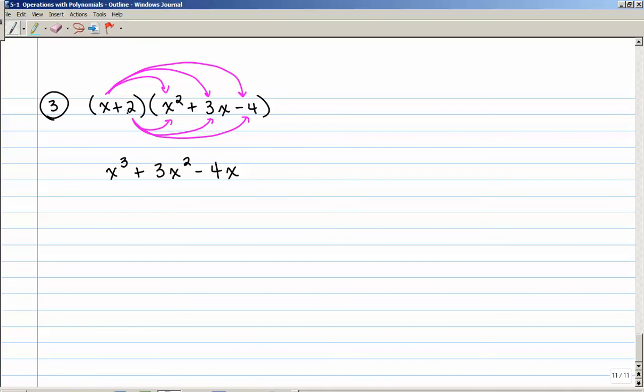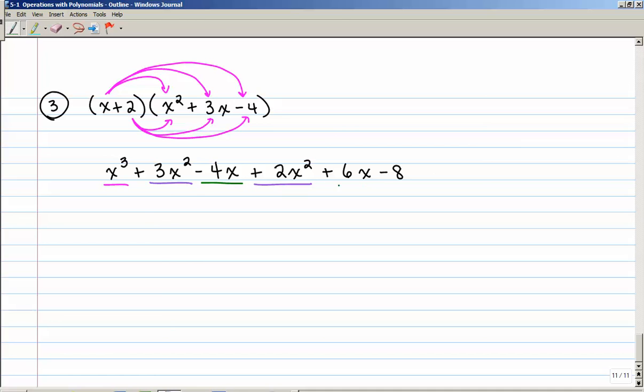Now let's distribute the 2. 2 times x squared gives me 2x squared. 2 times 3x gives me 6x. And 2 times negative 4 gives me negative 8. Combine like terms. I only have one cubed. I have 2 that are squared.